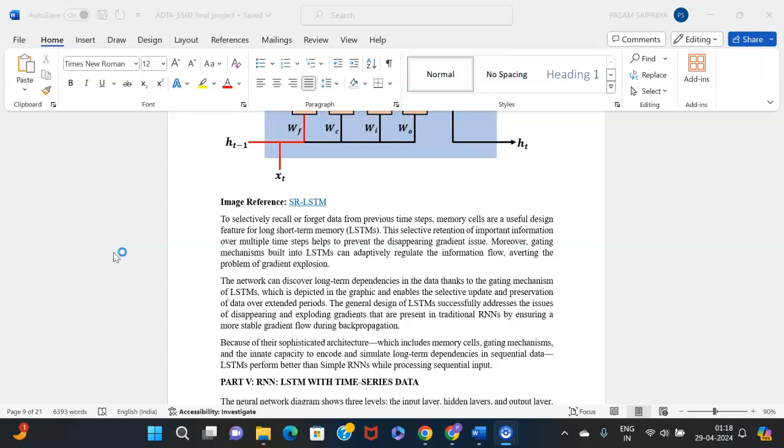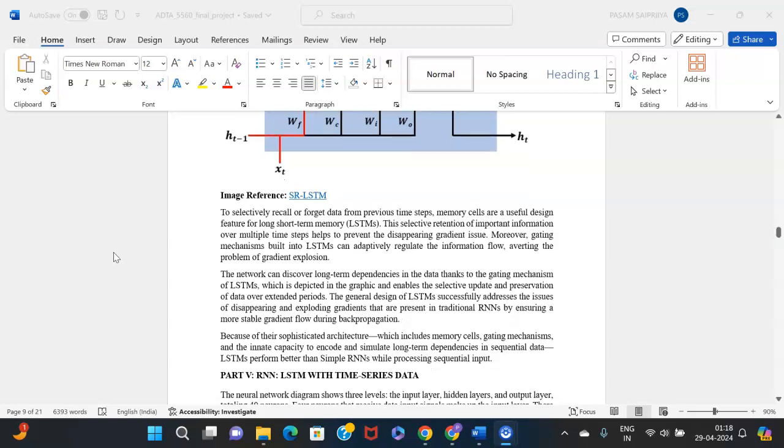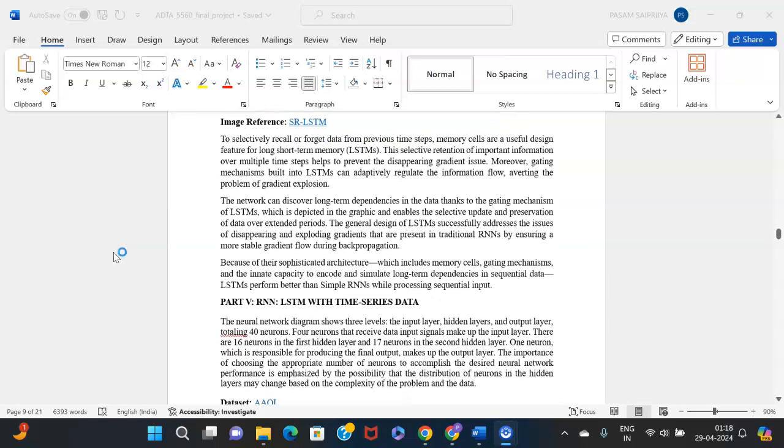Moreover, the gating mechanism built into LSTMs can adaptively regulate the information flow, averting the problem of gradient explosion. The network can discover long-term dependencies in the data thanks to the gating mechanism of LSTM, which is depicted in the graphic and enables the selective update and preservation of data over extended periods.